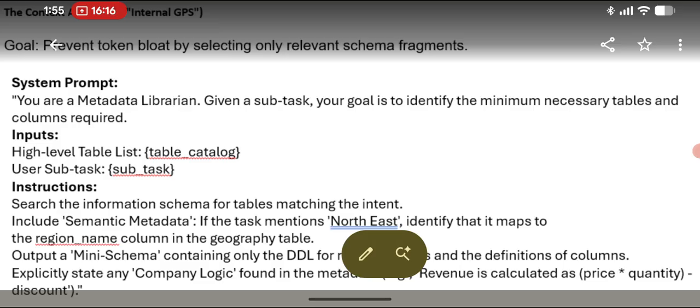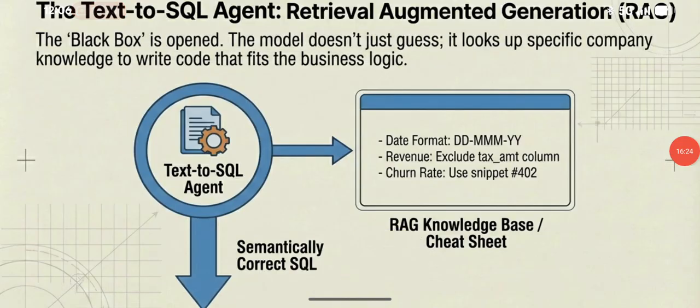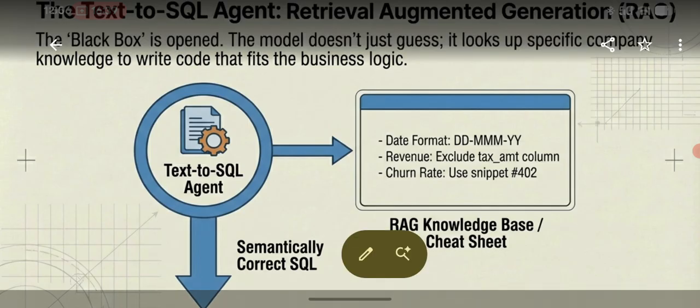And then the instructions, so you can pause and read the instructions. Next is the text to SQL agent, retrieval augmented generation, right? The job of this agent is to convert the text and the metadata given into SQL, to create the SQL query.